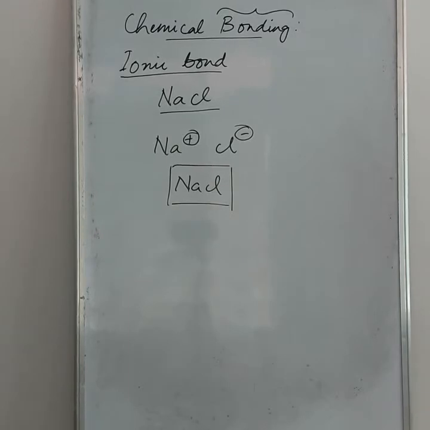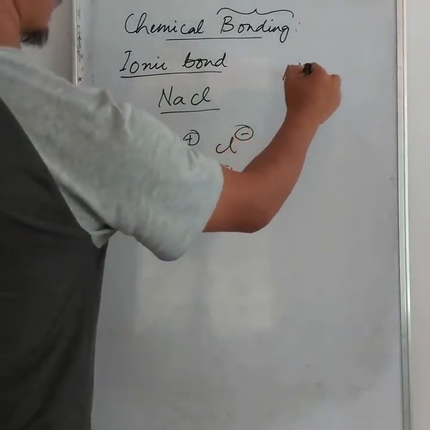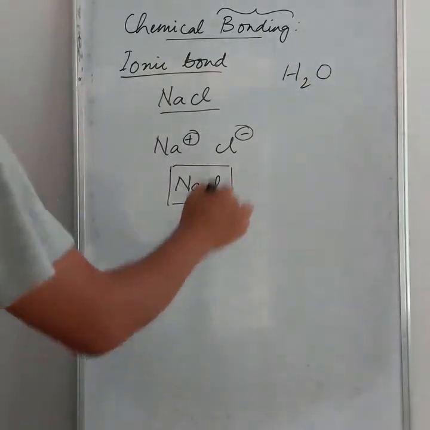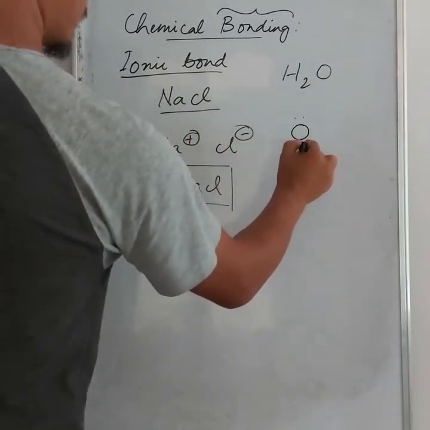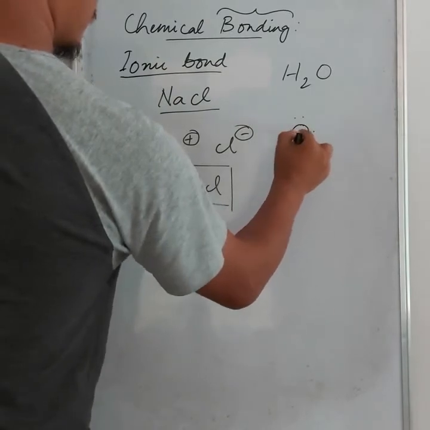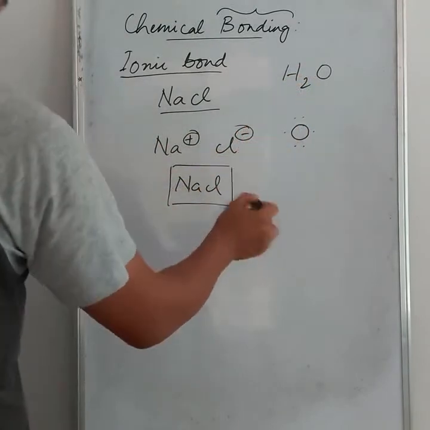But if they are made up by sharing electrons, suppose in the case of water, H2O. Here we know oxygen has 6 valency. Now hydrogen has 1 valency.